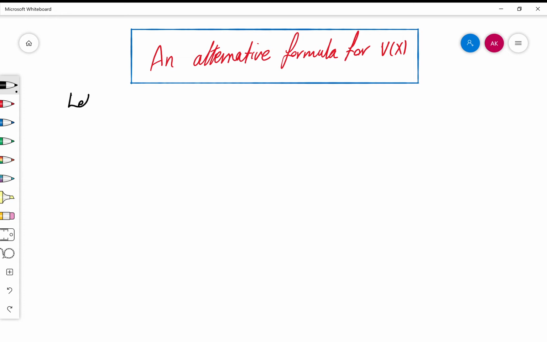Well, let X be a discrete random variable. That's what we work with in this chapter.